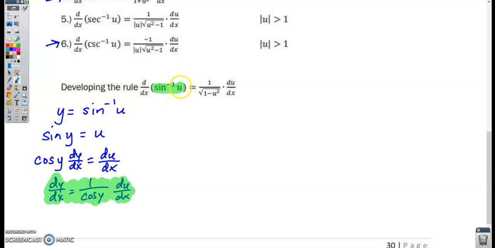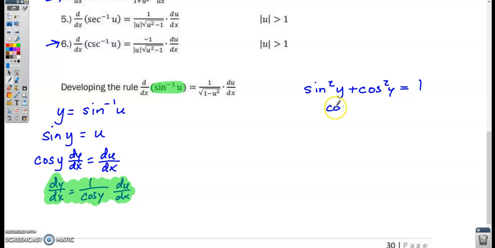We're finding a rule for the arc sine of u, so it makes sense for us to have our derivative rule just be in terms of u, of some function of u times du dx. So I need to figure out how to turn this 1 over cosine of y into an expression containing u. And it starts with that trig identity that I mentioned at the very top of today's video. You know, sine squared of y plus cosine squared of y is equal to 1.